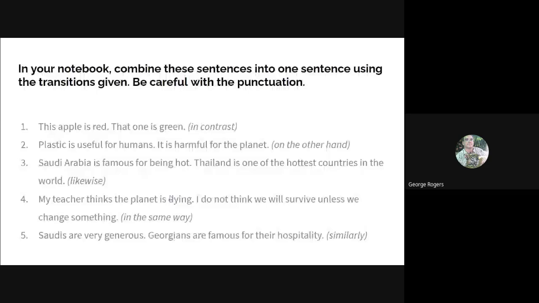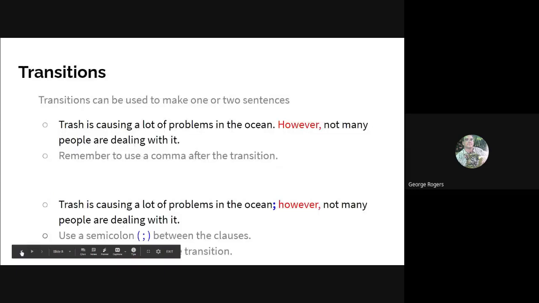All right. Now, in your notebooks, combine these sentences. Notice it says into one sentence using a transition given. Be careful with punctuation. So I want to back up to here. Remember, they're saying in one sentence.